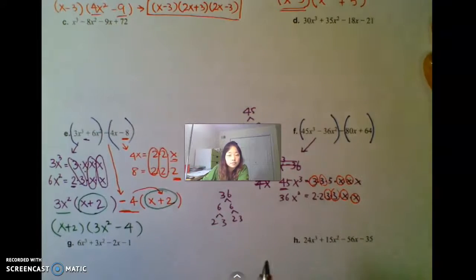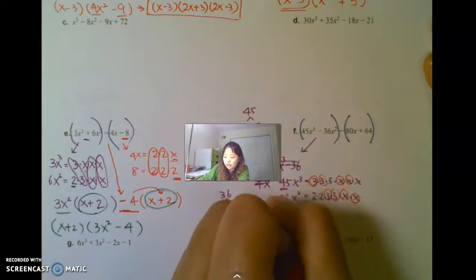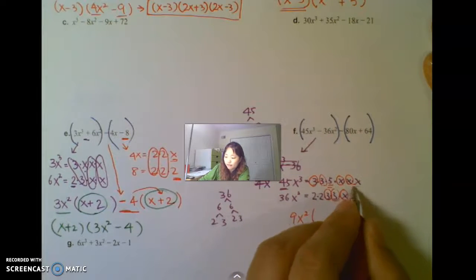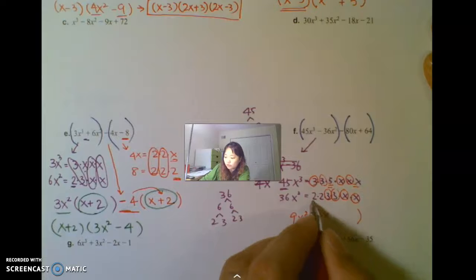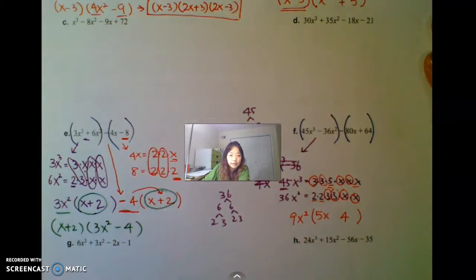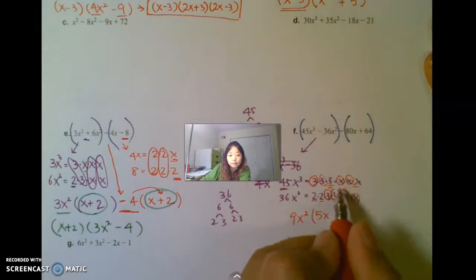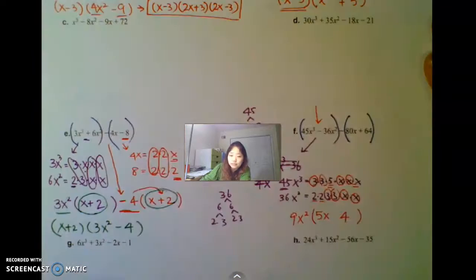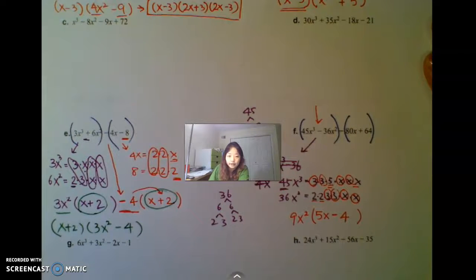So 3 times 3 times x times x, 9x squared. 5x is left right there, and 2 times 2, that is 4. You know me, I make so many mistakes, so I dare not put any signs until I really double check it. I know there's a 5x left from the 45x cubed, I know there's 4 left, but look at this and see what sign it is. It is minus, so I'm going to put minus.